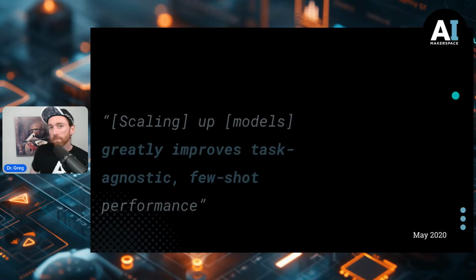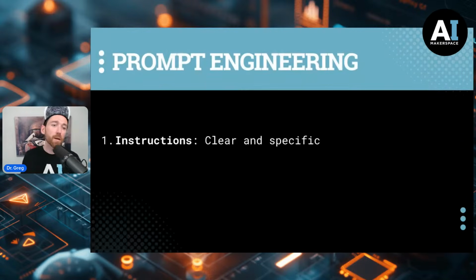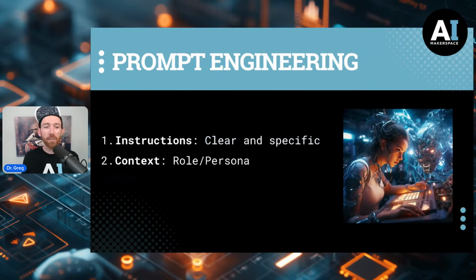Now, since then, we've kind of codified a number of prompt engineering best practices. We want to be clear and specific in the instructions we put in context. We also used to talk about providing some context, providing a role, providing a persona, providing a flavor, a vibe, a sort of place to stand.